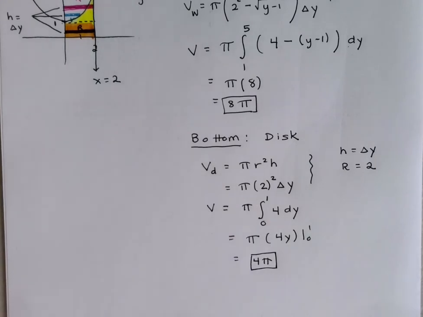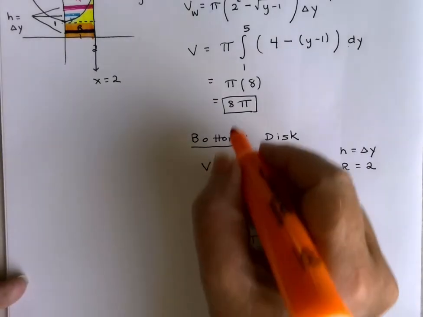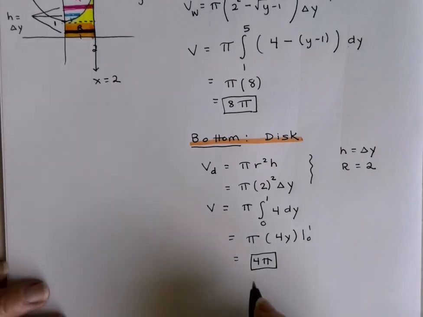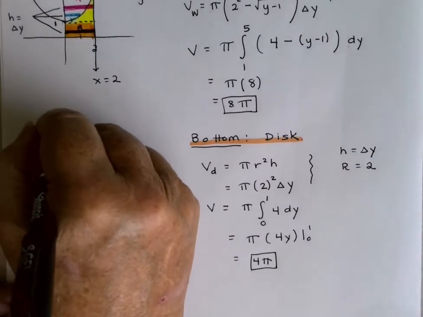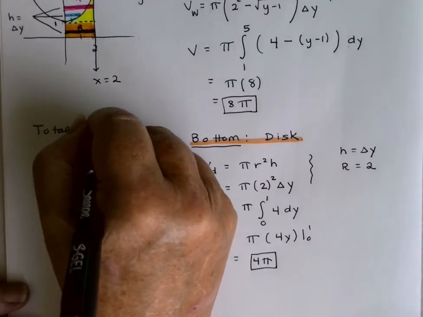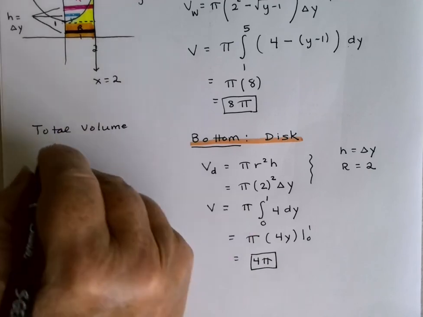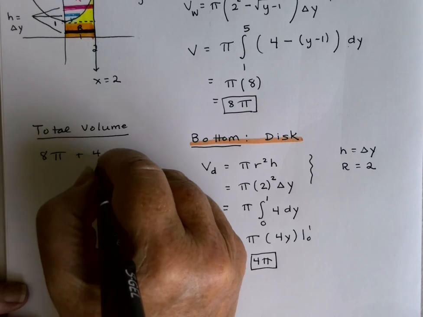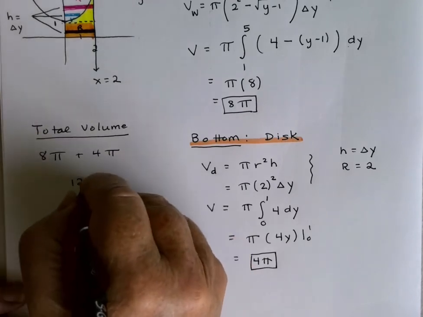All right, my final answer then, when I combine the top where I used the washer method, got 8 pi, with the bottom where I used the disk method and got 4 pi, my total volume is going to be 12 pi.